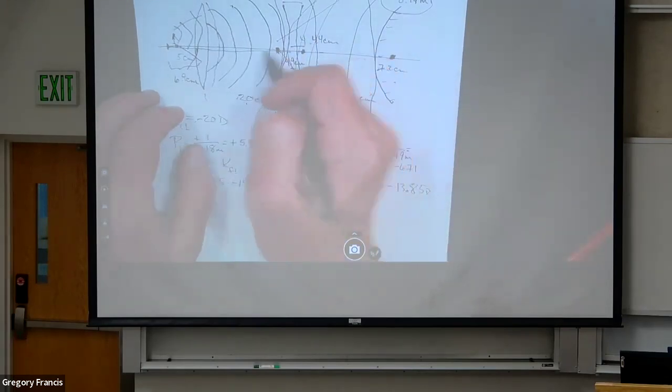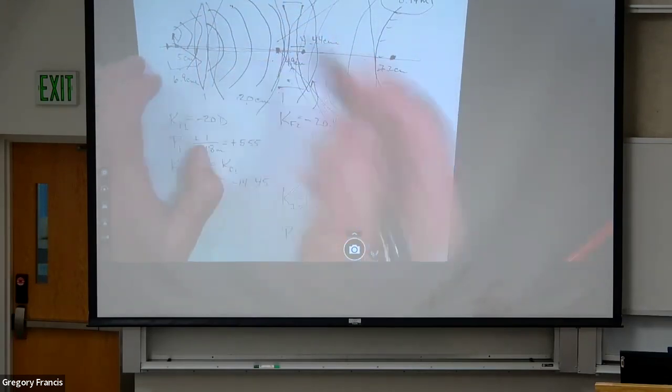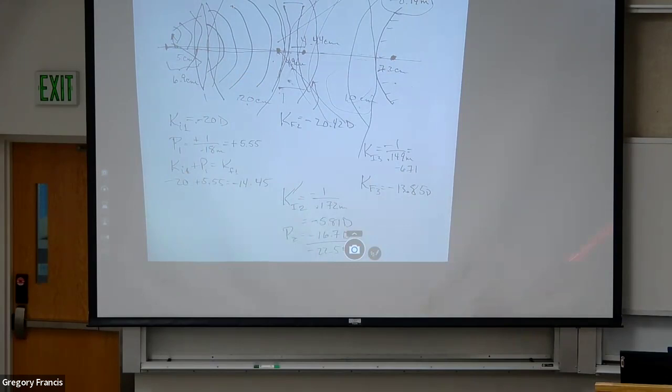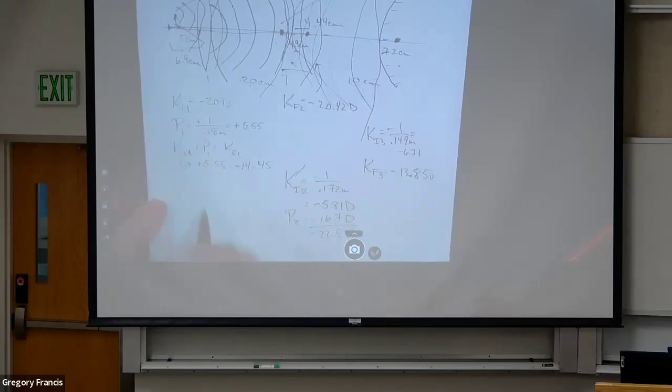Now that's going to propagate to this lens, and it's got to go 20 centimeters plus the 4.44. So I'm going to plug in 24.4 centimeters or 0.244, and that is going to now give me a K initial 1 prime of negative 4.098. Okay, so this is going to be negative 4.1.